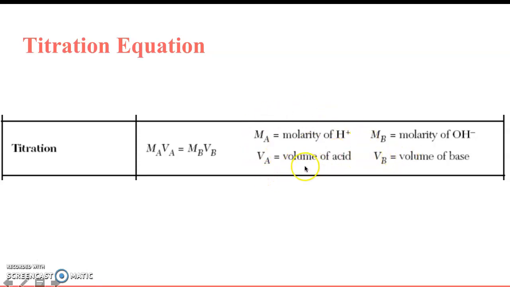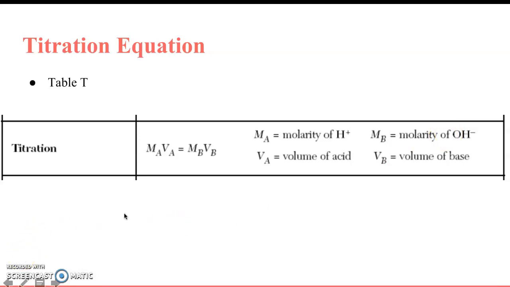VA, volume of acid, equals MB, molarity of the base, VB, volume of the base. This is also super useful because look at this. Your reference table is telling you that an acid is related to protons. Your base is related to hydroxide ions. So if you forget, it is technically in your reference table.